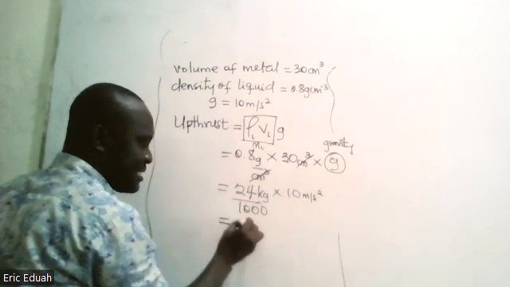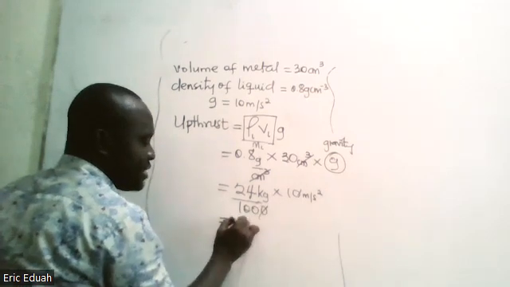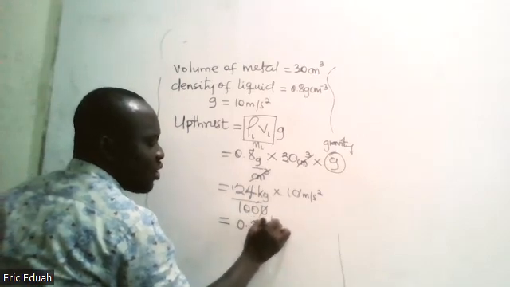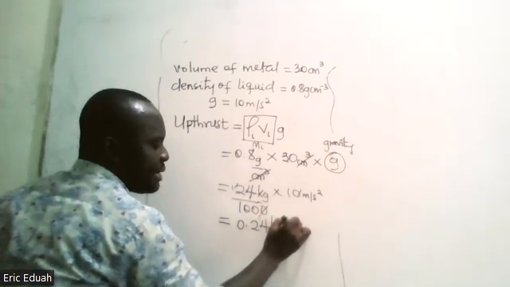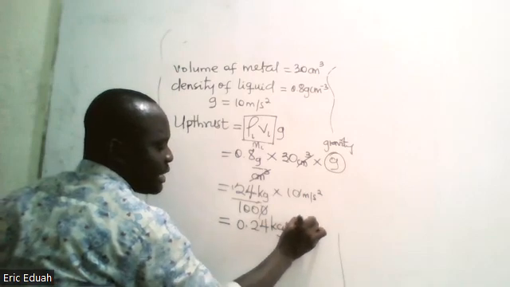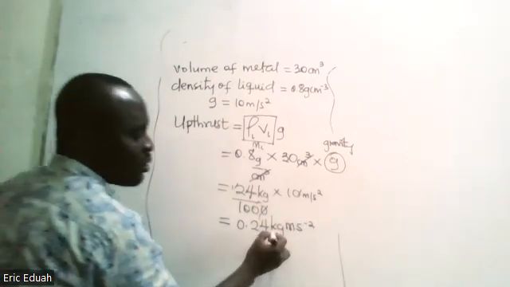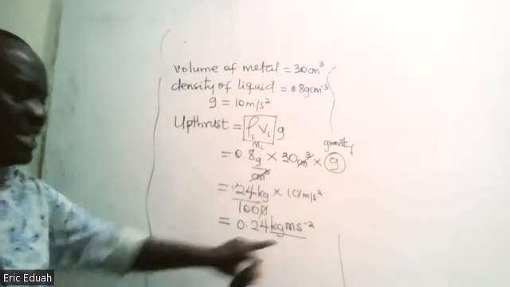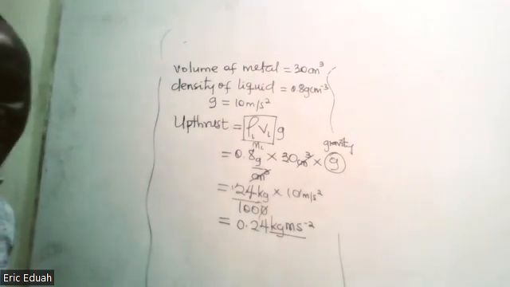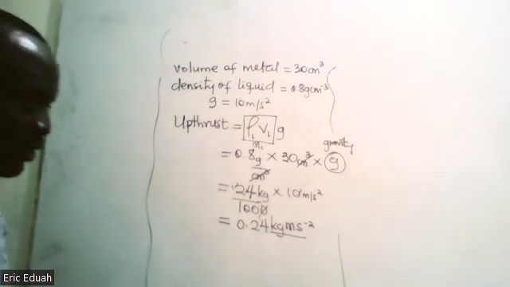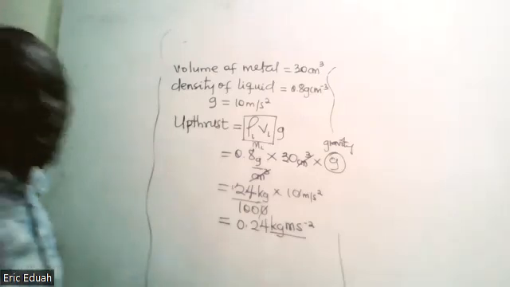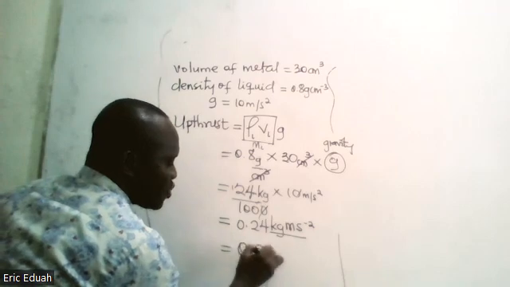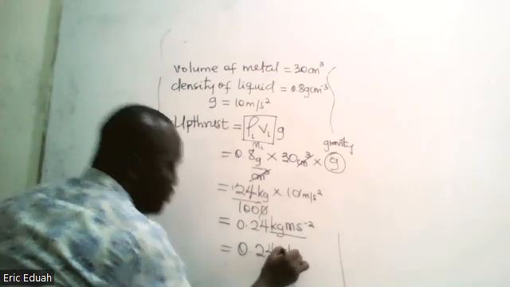So what you have is 0.024 kilogram meter per second squared. What's the SI unit of this derived unit? Kilogram meter per second squared is Newton. Upthrust is also a force. So it is equal to 0.24 Newton.